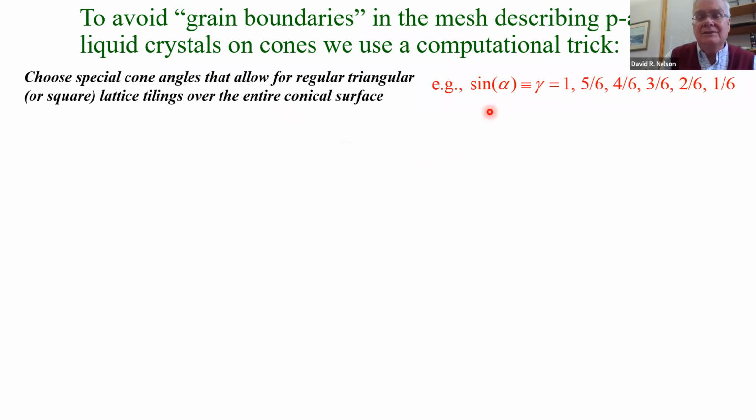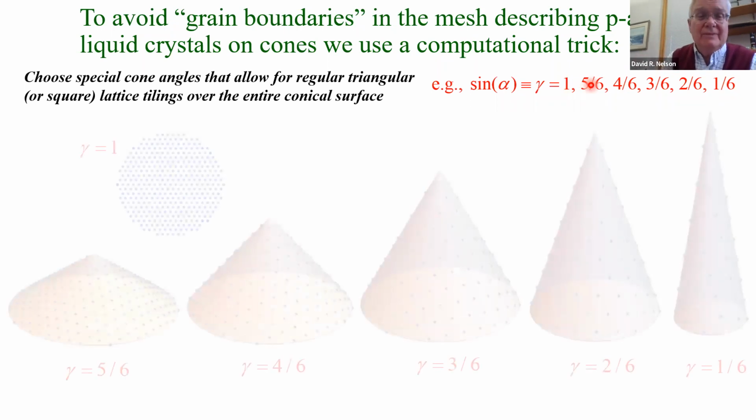And for a triangular lattice, these special cone angles are 5/6, 4/6, 3/6, 2/6, and 1/6. For a square lattice, it's 3/4, 1/2, and 1/4. These control the strength of that delta function of Gaussian curvature.